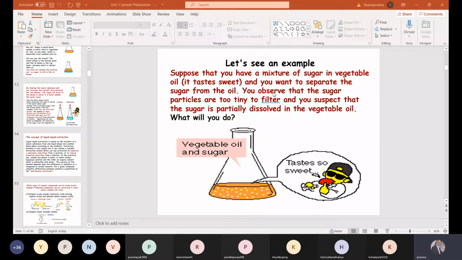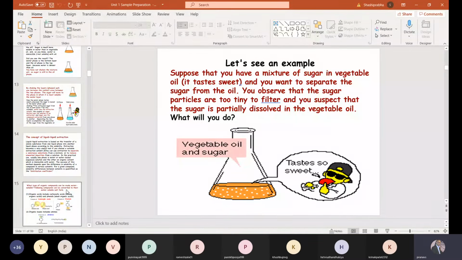So I was telling you that, as a representative example, we studied how a mixture of an acid and a base, or an acid or a neutral, or an acid and a phenol could be separated using this simple technique.